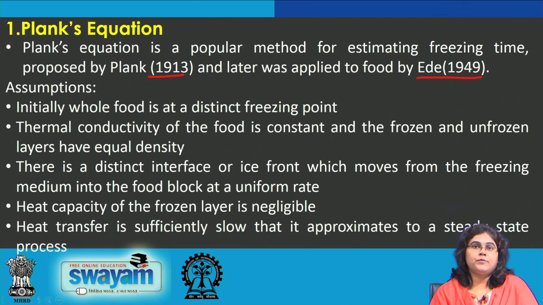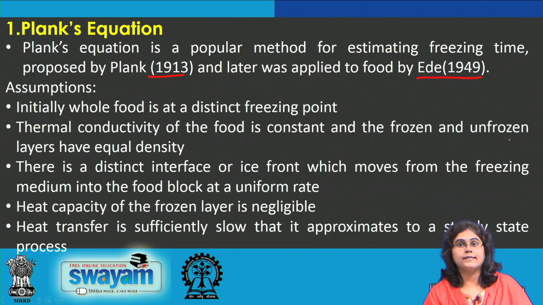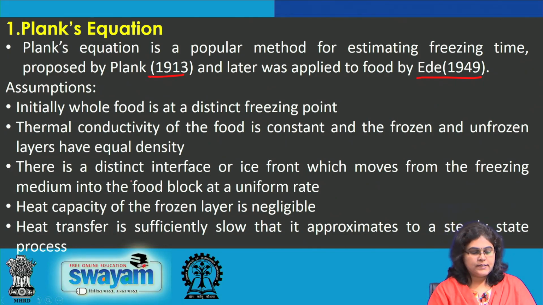Thermal conductivity of the food is constant and the frozen and unfrozen layers have equal density. There is a distinct interface or ice front which moves from the freezing medium into the food block at a uniform rate. Heat capacity of the frozen layer is negligible and heat transfer is sufficiently slow that it approximates to a steady state process.